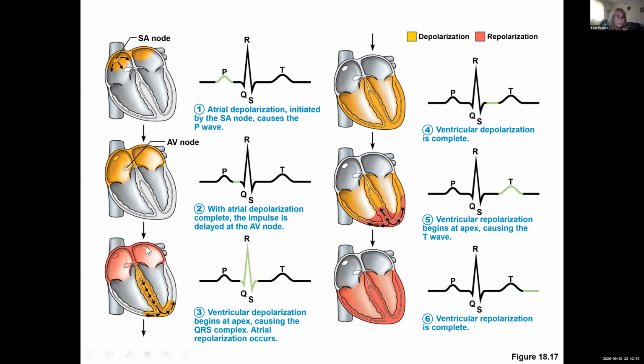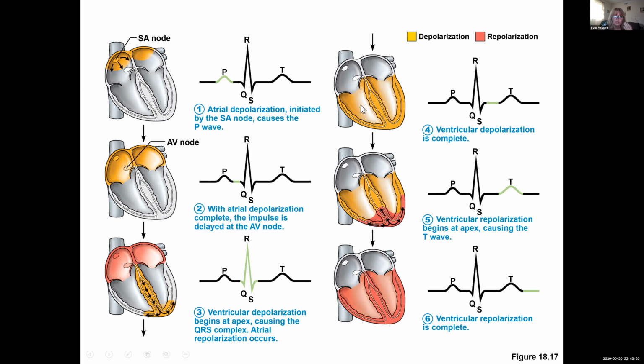After that, you see how depolarization moves through the AV bundle branches, right over here, and then the Purkinje fibers. And this gives us the QRS complex. So this is ventricular depolarization. And at the same time, you see atria became red over here. At the same time, repolarization of atria occurs. So this is the QRS complex.